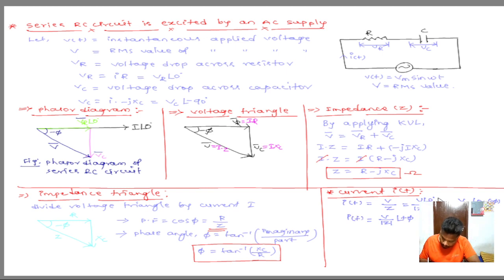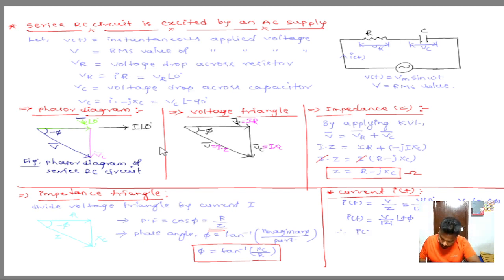It is clear from the current equation that for an RC series circuit, current is leading voltage by some angle phi. From the phasor diagram, the current is leading the applied voltage by some angle phi. This is the voltage and this is the current.